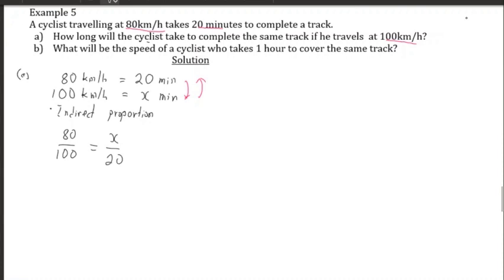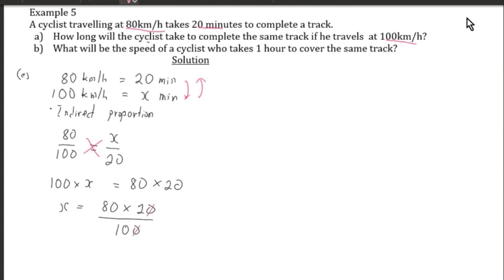So when I do my cross multiplication, I'll get 100 times x, or 100x is equal to 80 times 20. When I divide both sides by 100, I'll get x is equal to 80 times 20, all divided by 100. So now I can cancel these zeros.